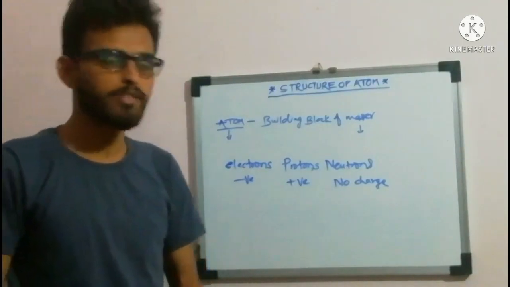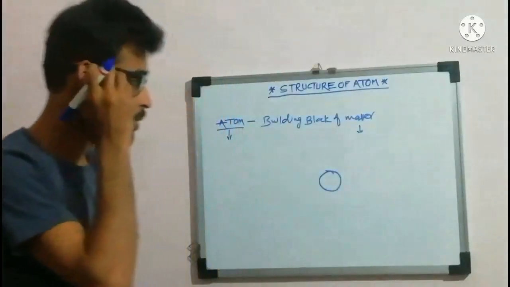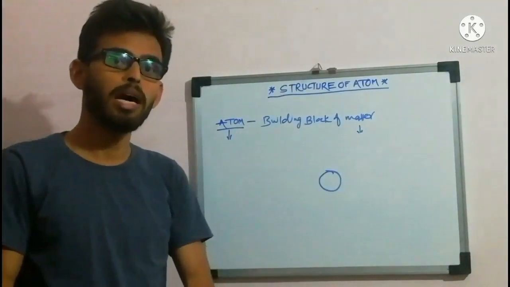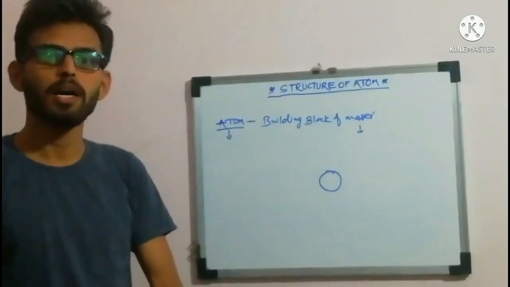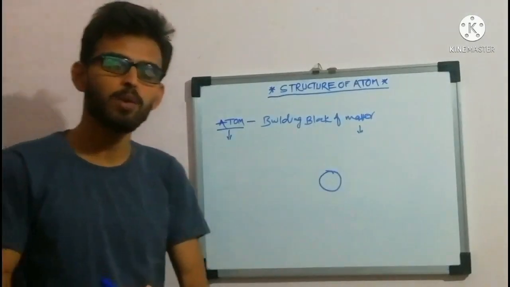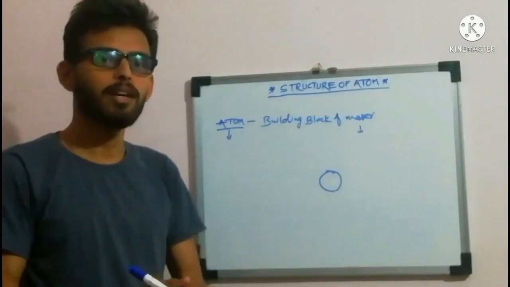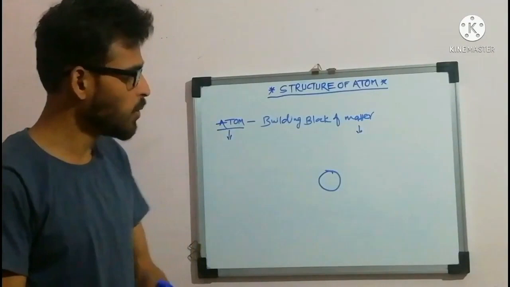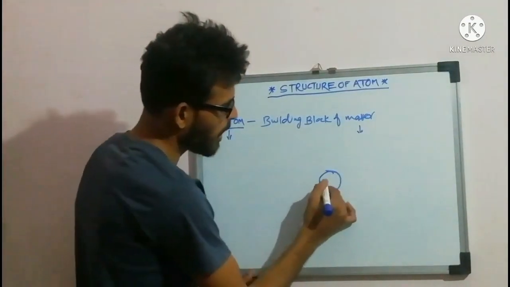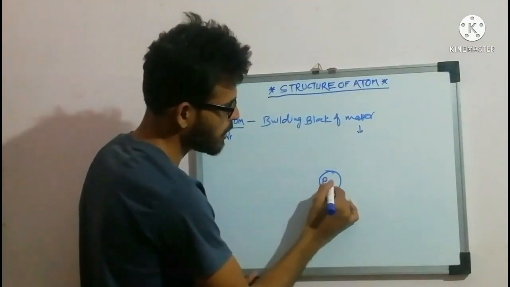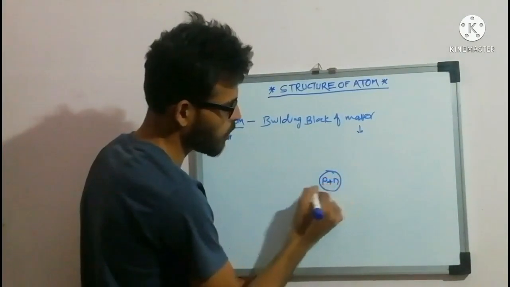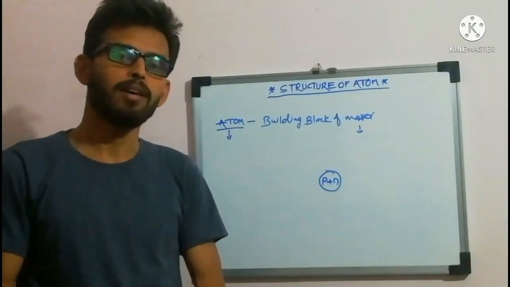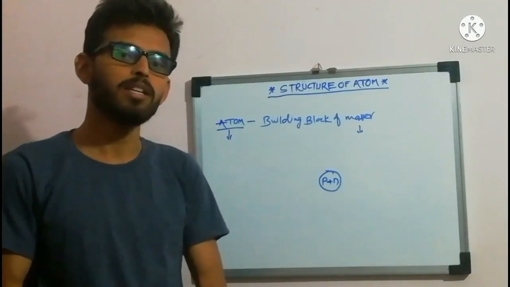But how does it actually look? Whatever I have drawn here is not a total atom, it is the nucleus of an atom. An atom has a nucleus, around which there are orbits or shells of electrons. In the nucleus there are protons and neutrons, so the atomic nucleus is made up of protons and neutrons.